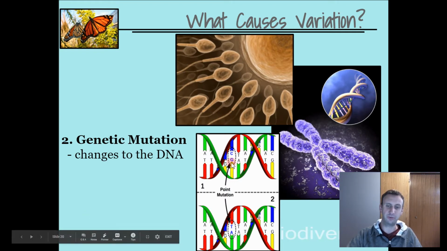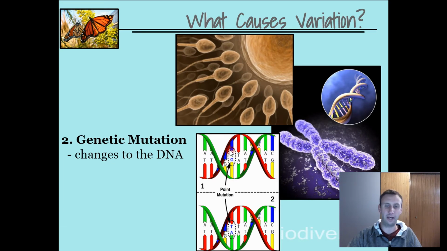And this picture right here is just of what's called a point mutation in DNA. That's when all we've done is essentially changed one single base pair in the DNA sequence. You'll learn about DNA later on. And then as a result, it could change the amino acid, which causes the protein to change, and so on.